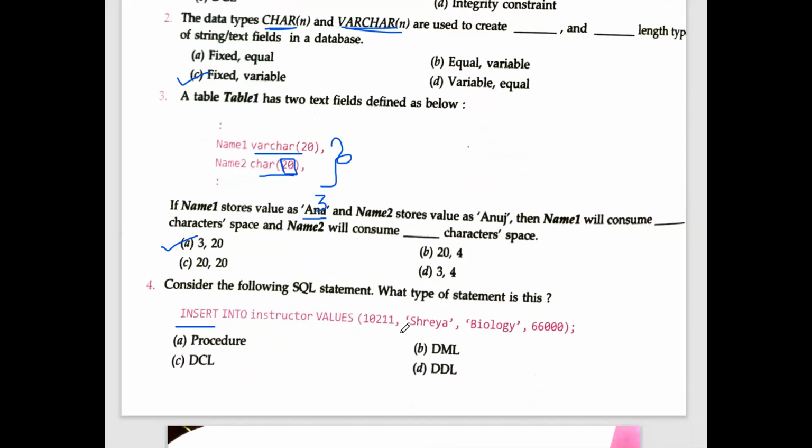Twinkle wrong. Anshika correct. Vanshika wrong.